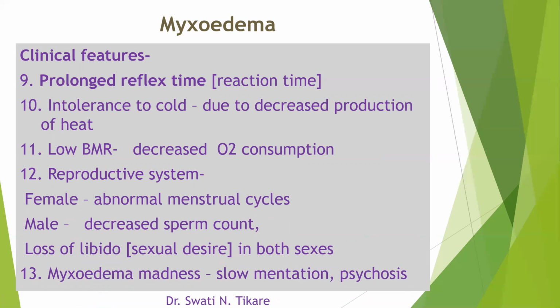Lastly, myxedema has immense effect on the CNS because the thyroid hormones are very essential in normal CNS functioning, in the synapses, in the myelination, and many other processes. Deficiency causes slow mentation, and when it is severe, it can cause psychosis called myxedema madness.